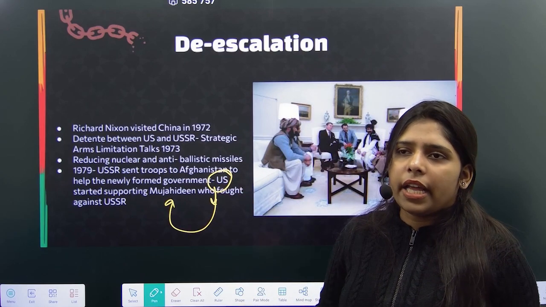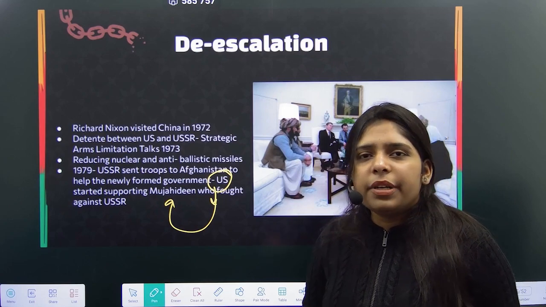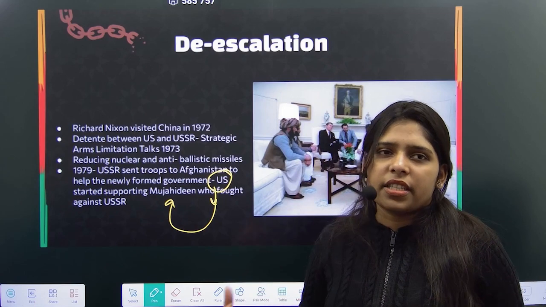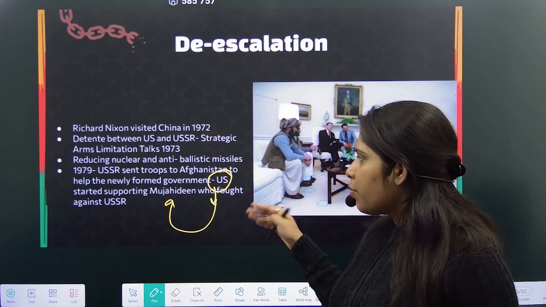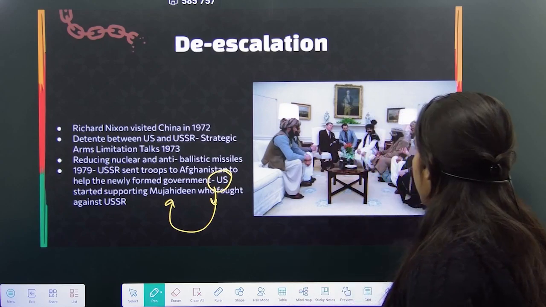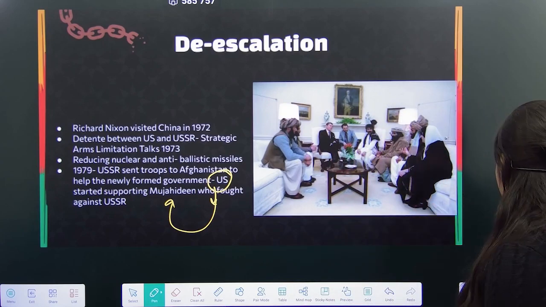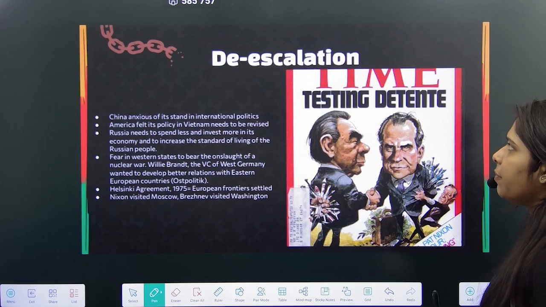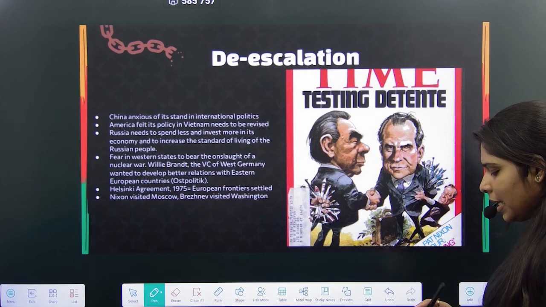Tomorrow you cannot come and tell us that you've been terrorized, that you've been facing an attack of terror, when you yourself are supporting a terrorist. This Afghanistan situation kept on persisting for a very long time. We'll also see why the de-escalation came in.